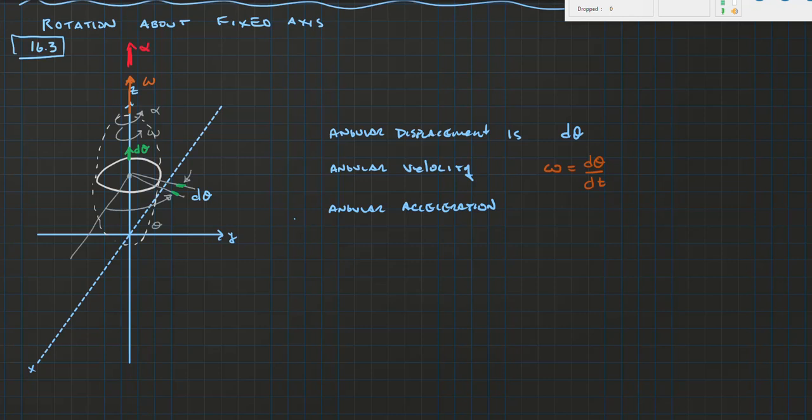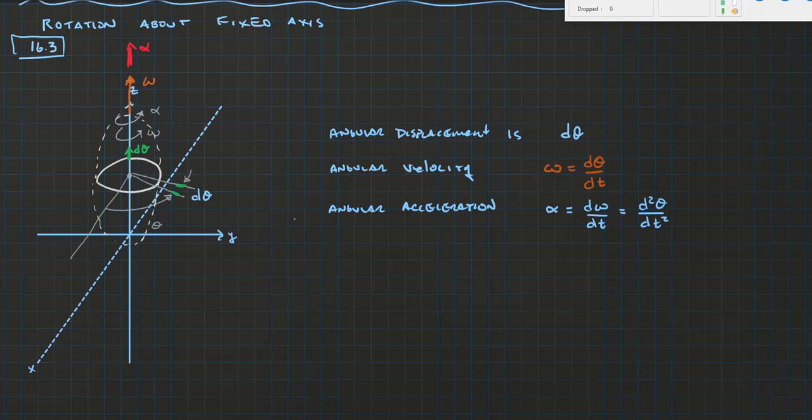Okay, so coming back here, we have alpha, our angular acceleration, is d omega dt, which can be taken further as the second derivative of theta with respect to time. Finally, we have these differential equations that are real similar to what we had for our rectilinear situation.